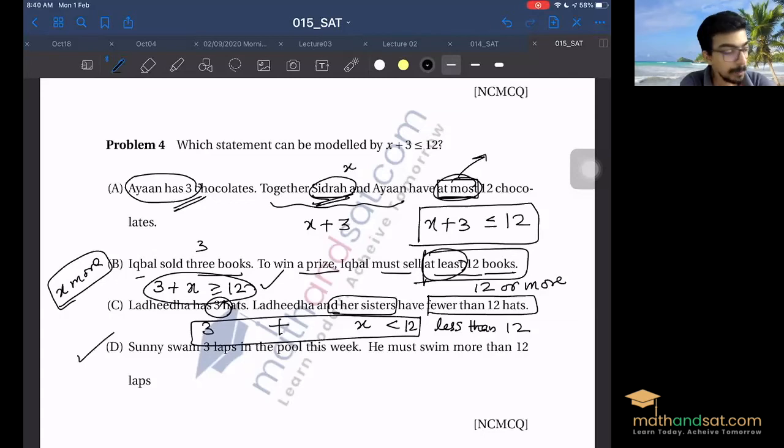Please read up the option. Just frame that statement into a mathematical statement. Convert the statement into a mathematical expression.